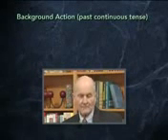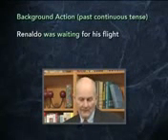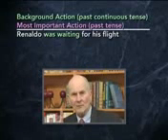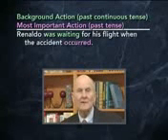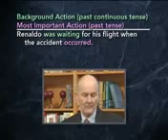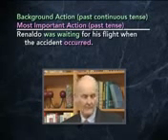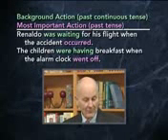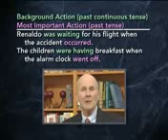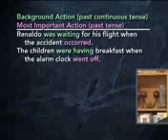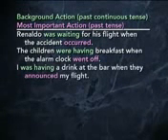Background action, Ronaldo was waiting for his flight. Most important action, when the accident occurred. Past continuous, and then past tense, main action. The children were having breakfast when the alarm clock went off. I was having a drink at the bar when they announced my flight.